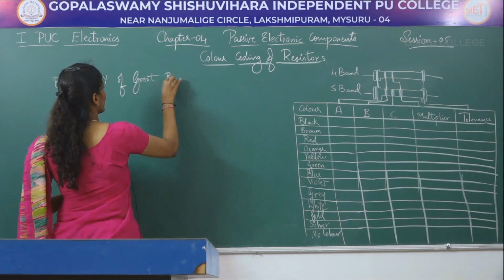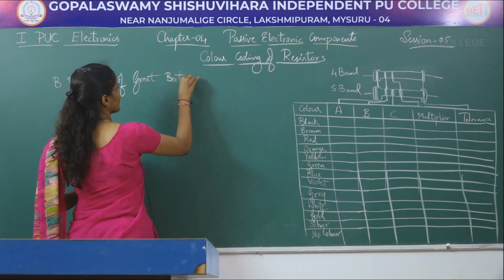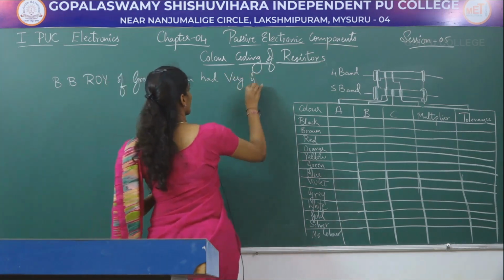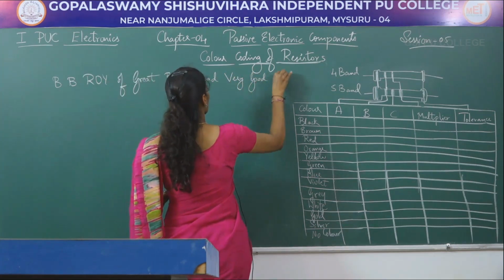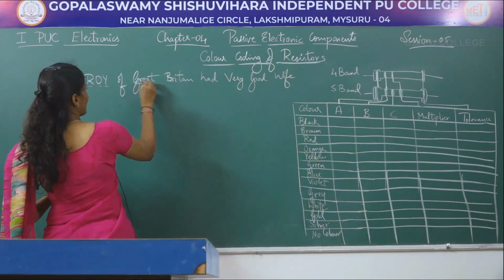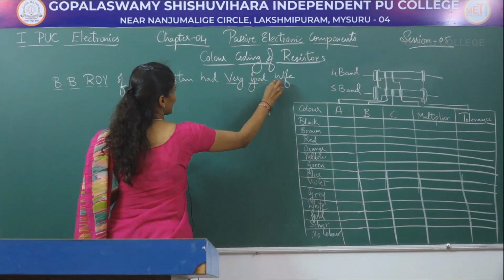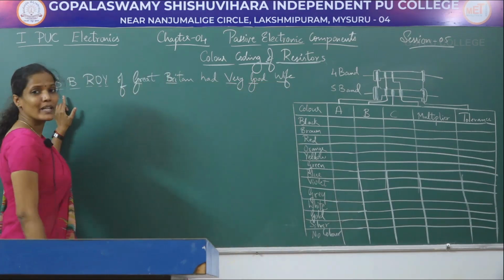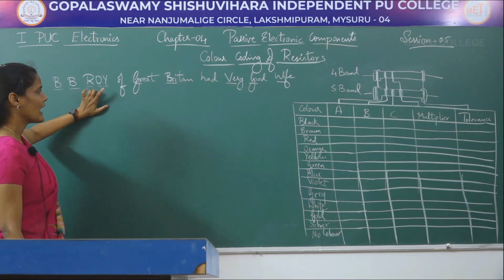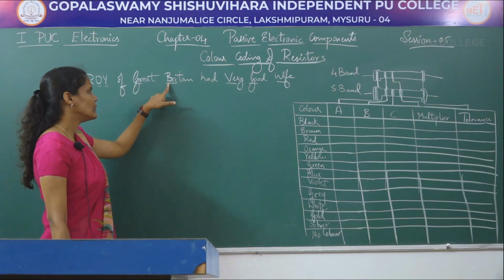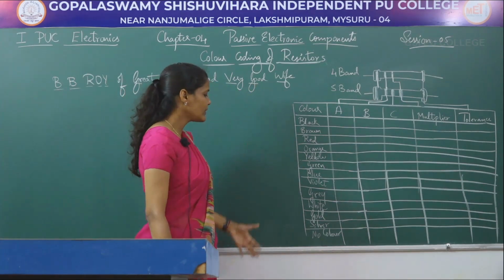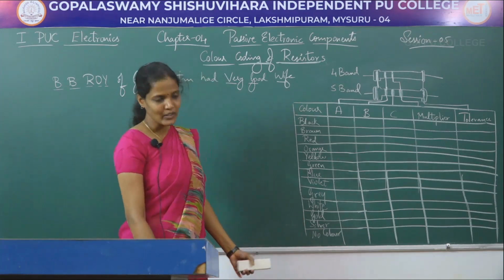Here each capital letter indicates a different color. The very first B is black, then brown, red, orange, yellow, green, blue, violet, grey and white. After white we will have gold, silver and no color.